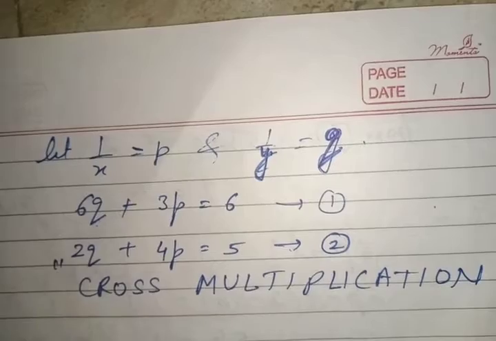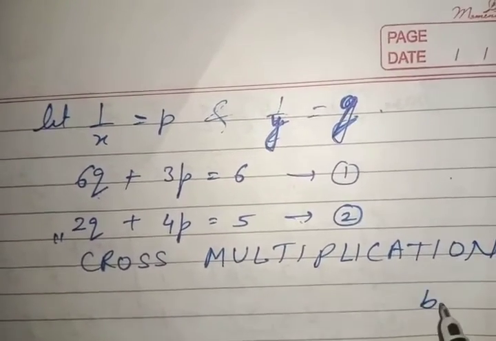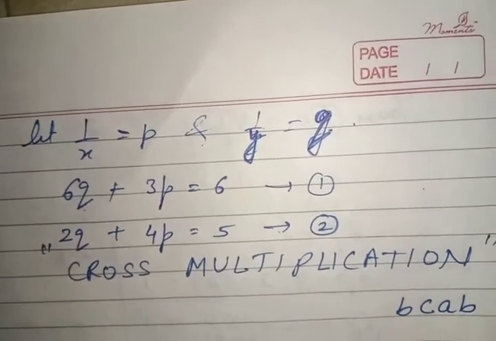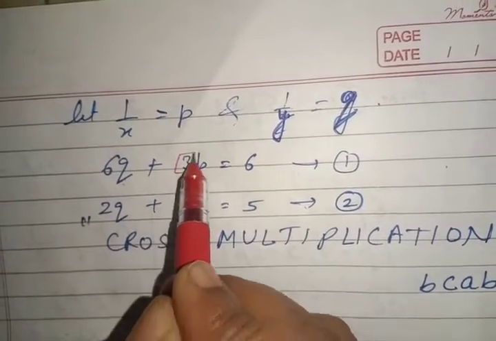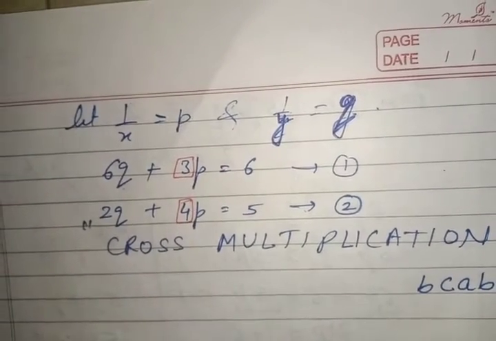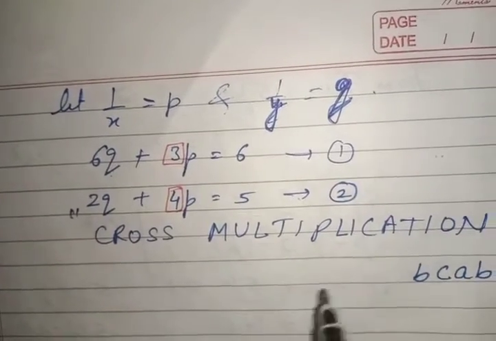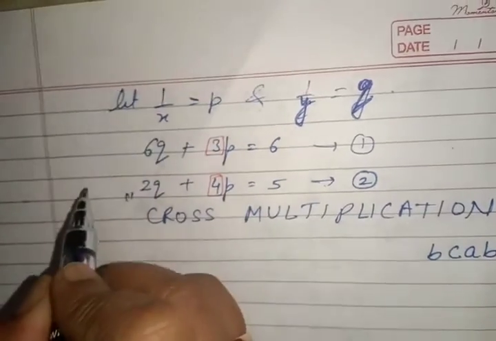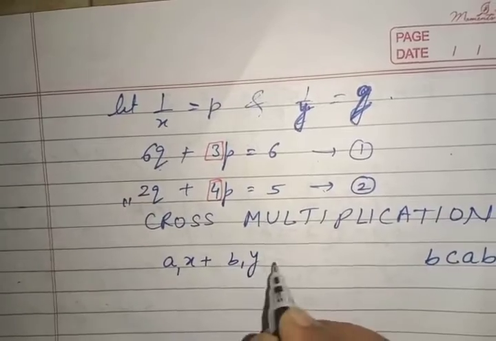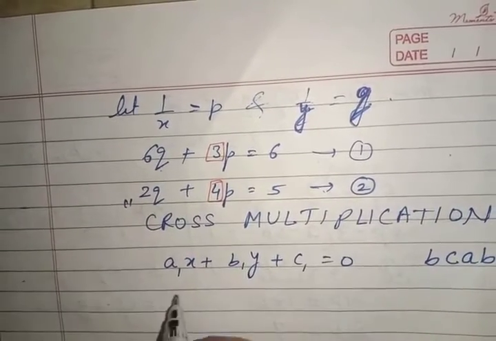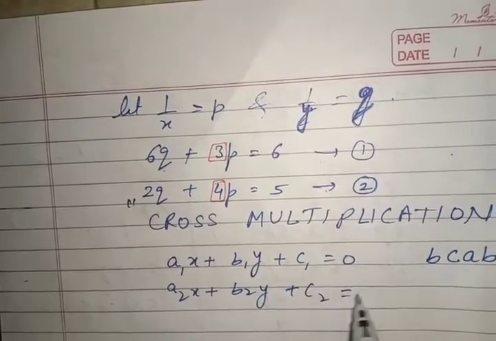If you remember, I gave you the formula for this: b, c, a, b, where b is the coefficient of the second variable, because the standard equation is a1x plus b1y plus c1 is equal to 0 and a2x plus b2y plus c2 is equal to 0.